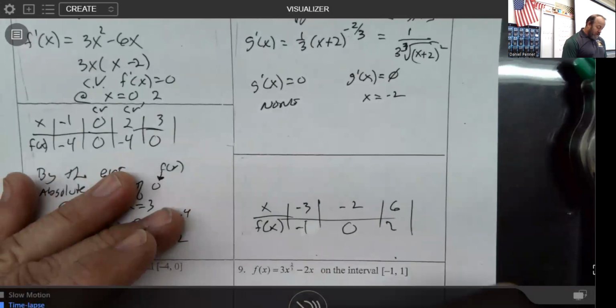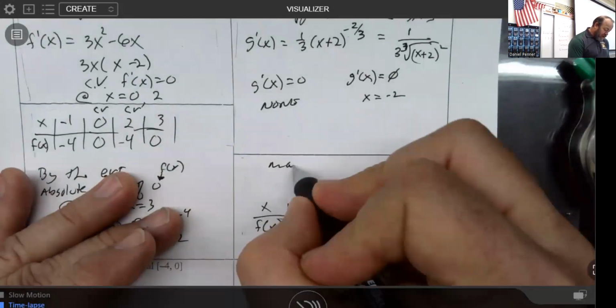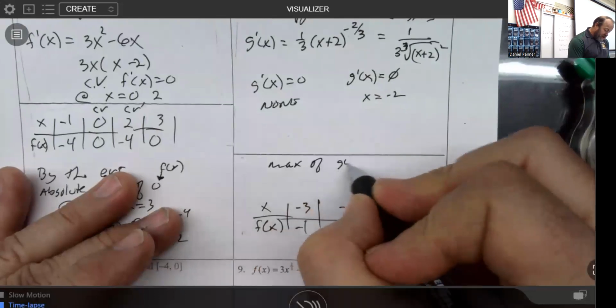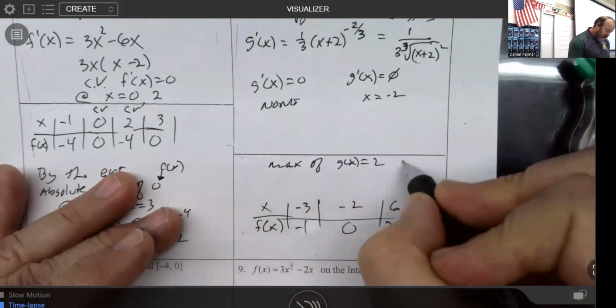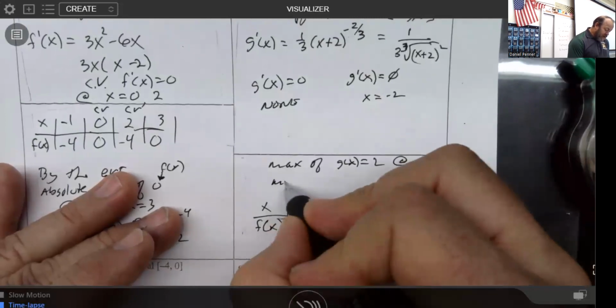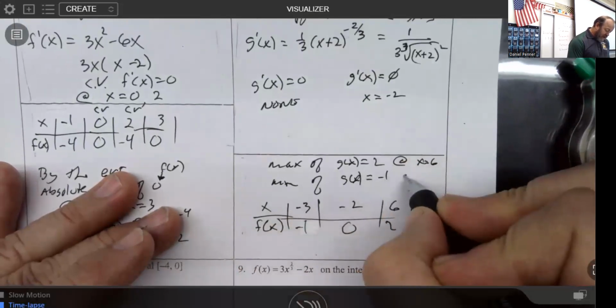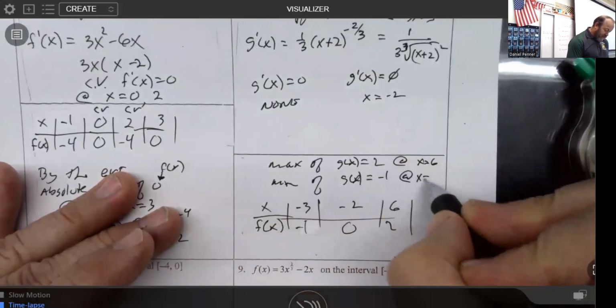So my absolute max, there's a maximum of g of x equals 2 at x equals 6, and an absolute min of g of x equals -1, and that value happened at x equals -3.